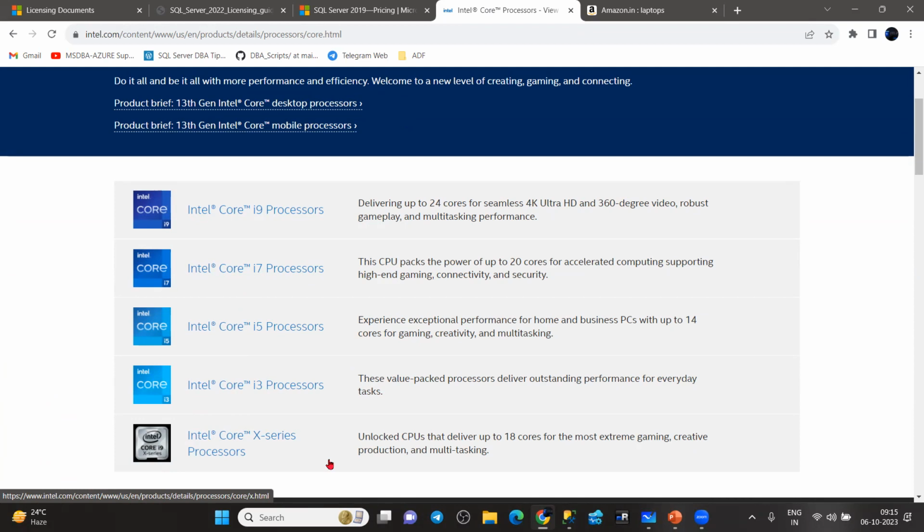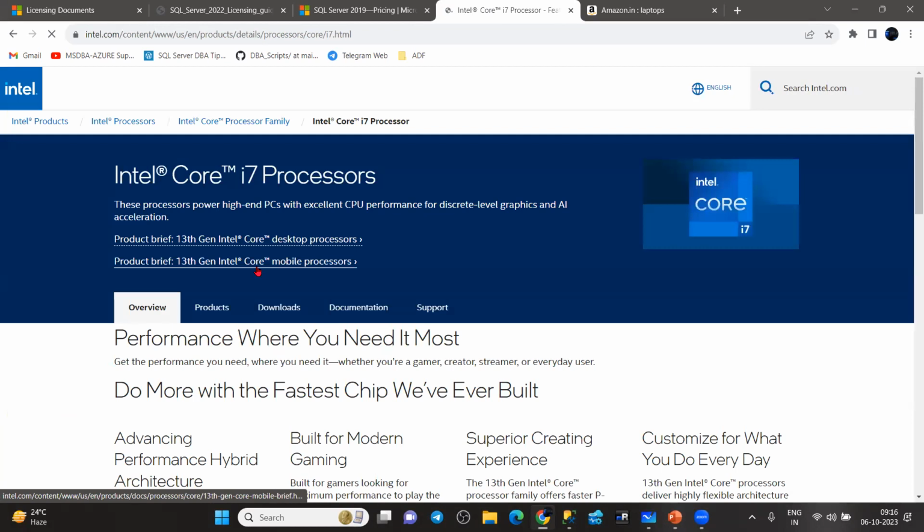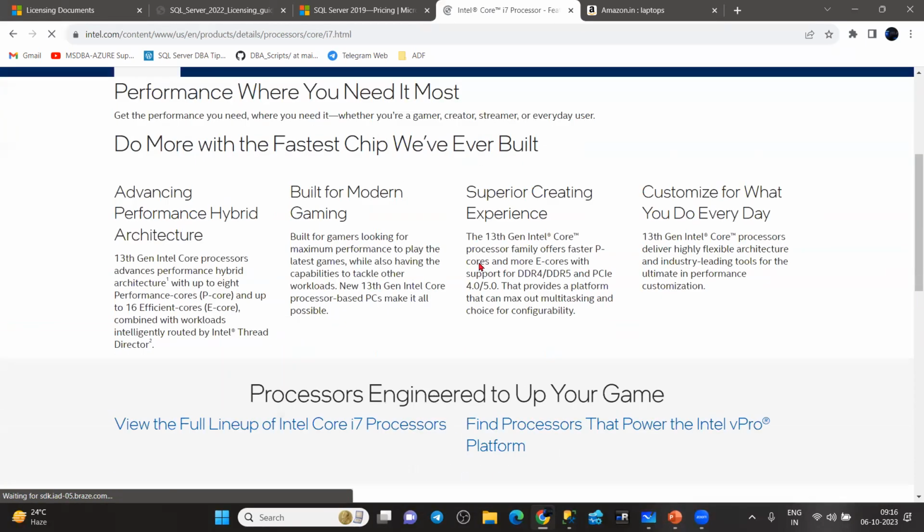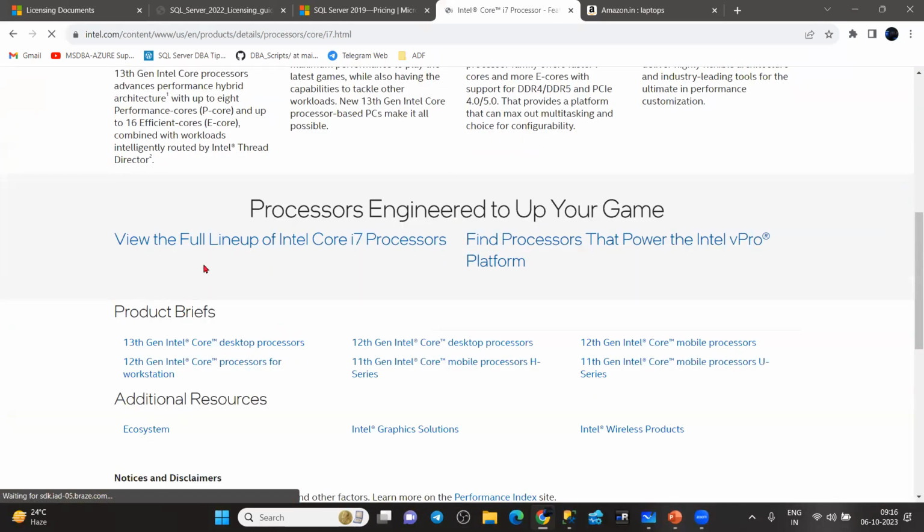These many different types are available, and i9 is our latest processor. Most people are familiar with i5 or i7. Let's go for i7, sir. Say you decide to purchase the i7 processor.